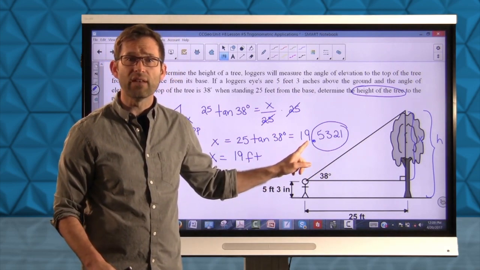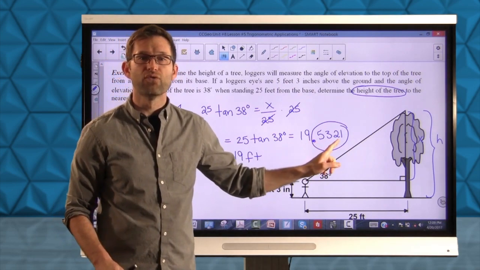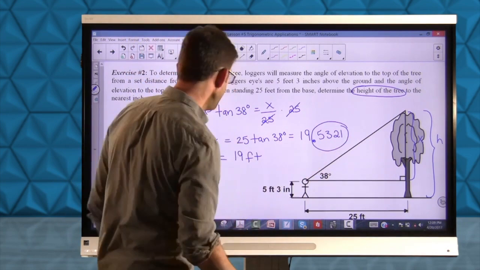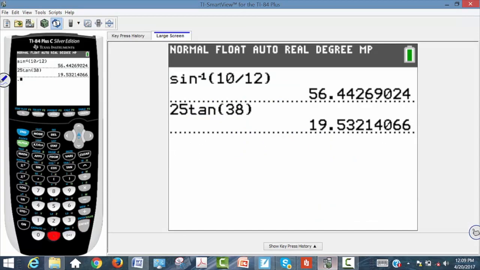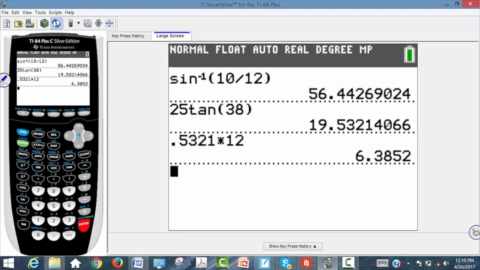We have 19 feet and another 0.5321 feet, right? So, going back over to my calculator, I really want to know if I have 0.5321 feet, how many inches is that? Well, just like always, if I multiply that by 12, that's how many inches I have.